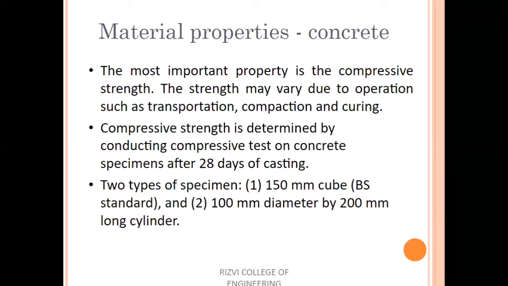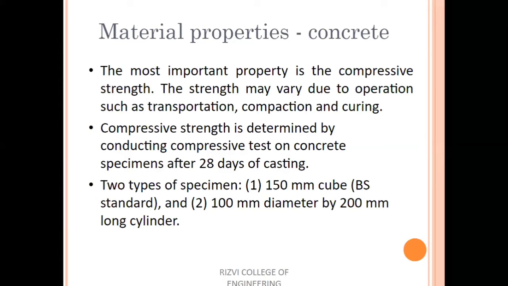The dimensions of the cube are 150 mm by 150 mm by 150 mm. As the size of the cube is increased from 150 to 450 mm, its strength gets reduced. That is the reason we consider 150 mm cubes to determine the compressive strength.